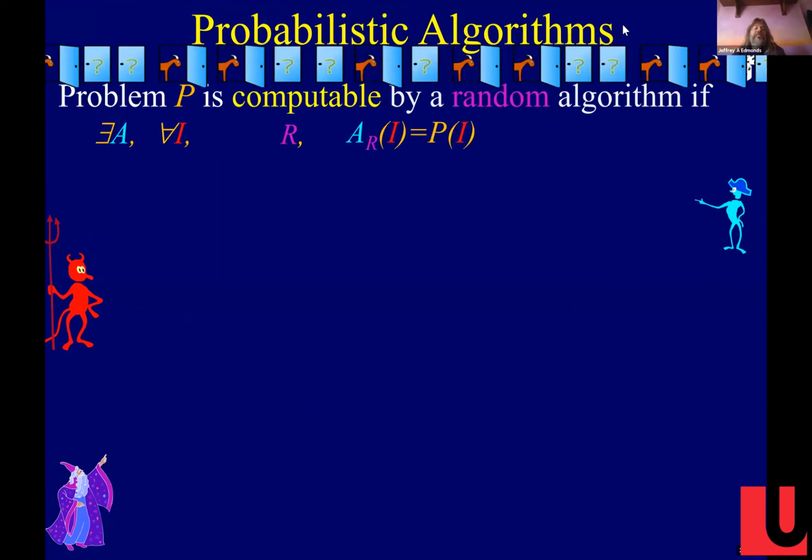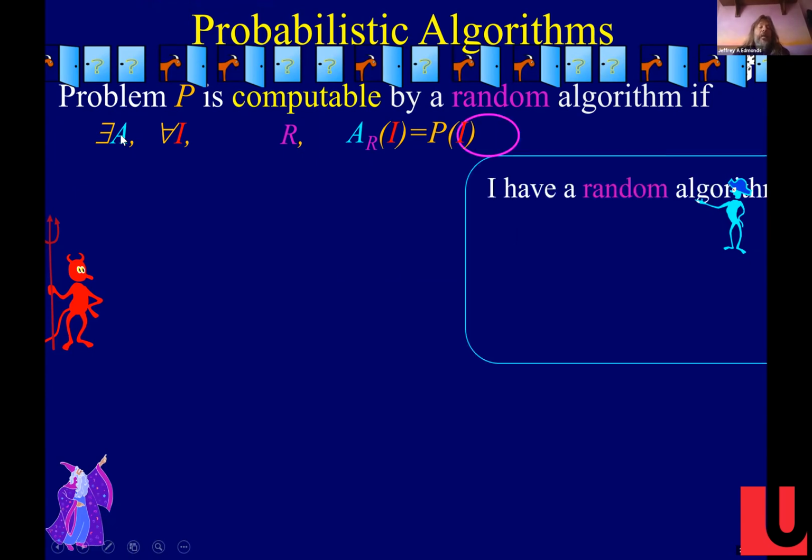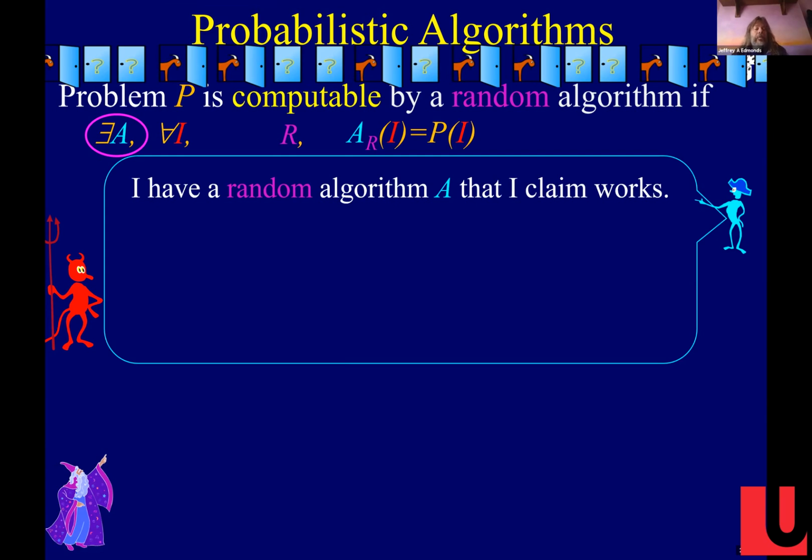All right, now let's talk about what the game is in the random world. Again, we have to specify an algorithm, but it's going to be a probabilistic algorithm. The algorithm flips coins, and based on the coins, it decides what to do next, what door to open.